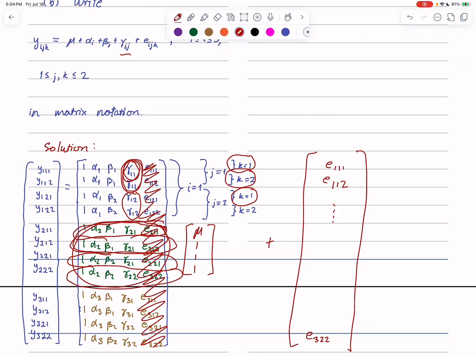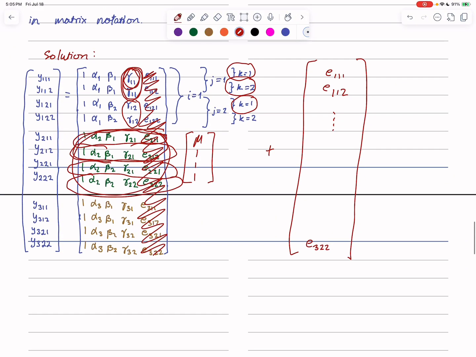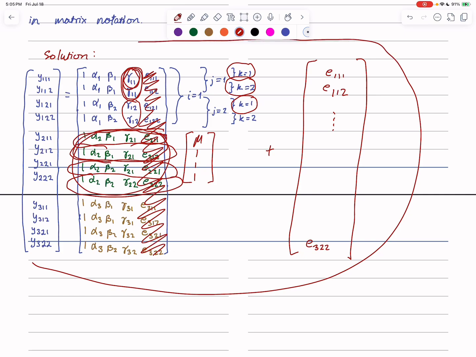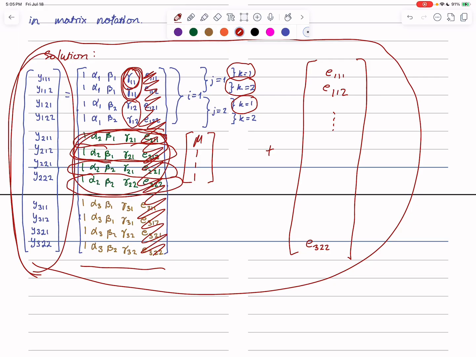So I hope that makes sense. And so anyway, I know I've marked up my solution, but basically the solution is this whole big matrix expression. So my vector of y variables is equal to this design matrix times this coefficient vector plus this random vector.